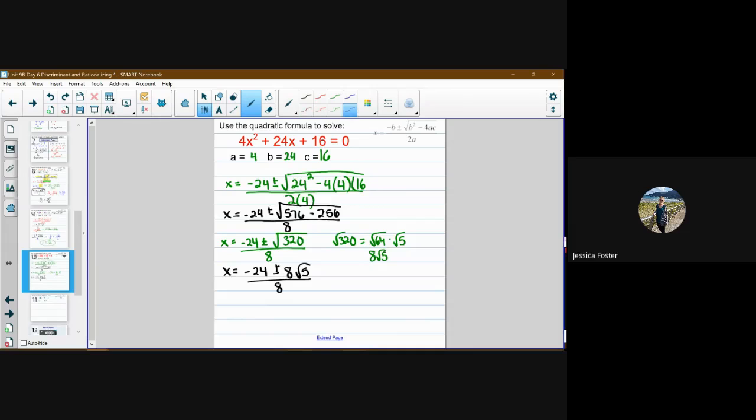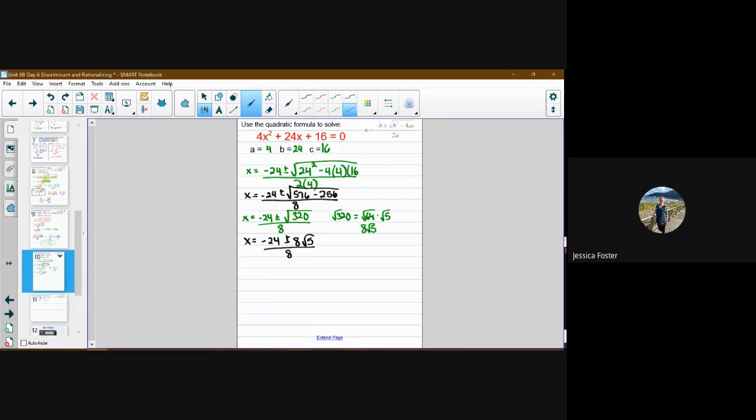Let's see if we can split this up and if we can simplify this any further. So I'm going to break this into my two fractions. I have negative 24 divided by 8. Well, I know 8 goes into 24, plus or minus 8 square root of 5 divided by 8.